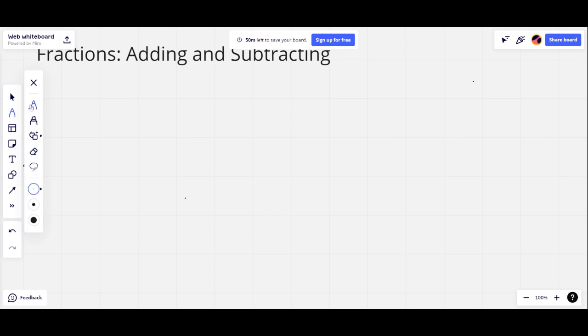Now, when you have mixed numbers and you're adding them, it is basically the same. There are two methods to do this.